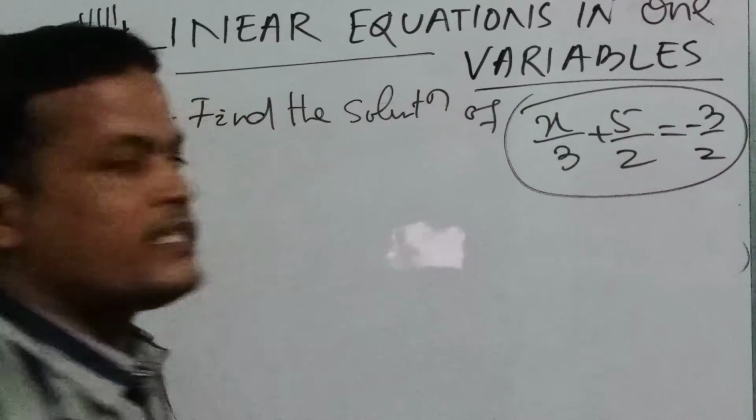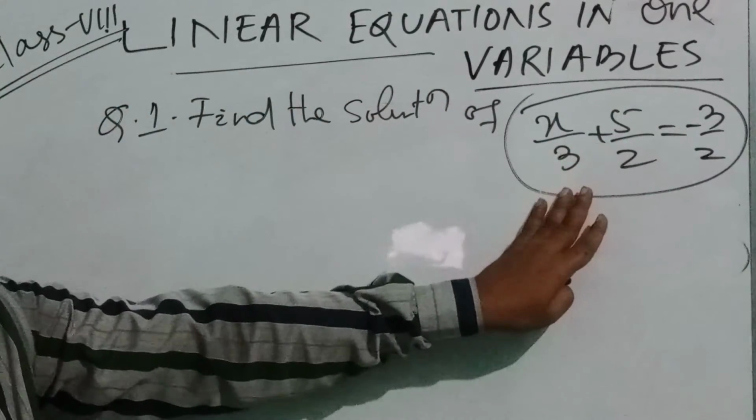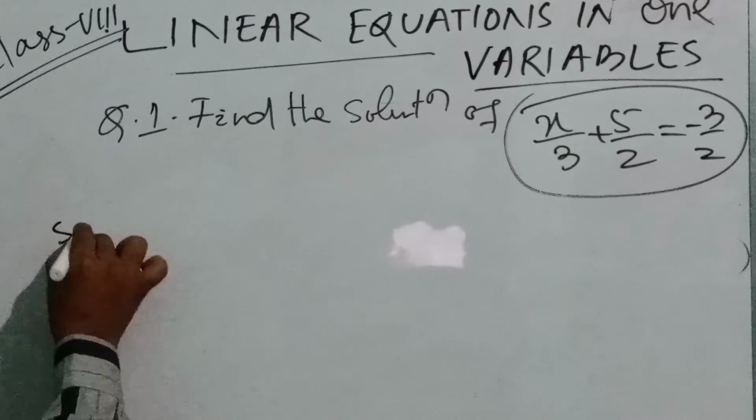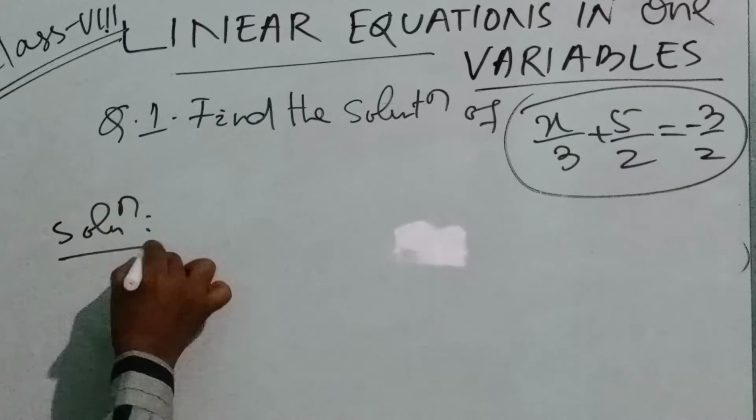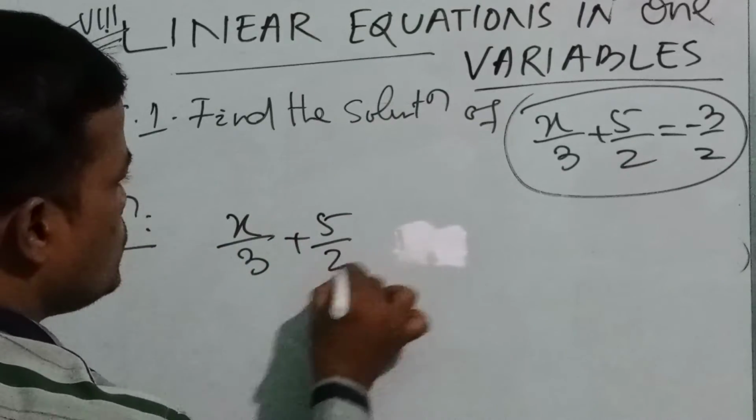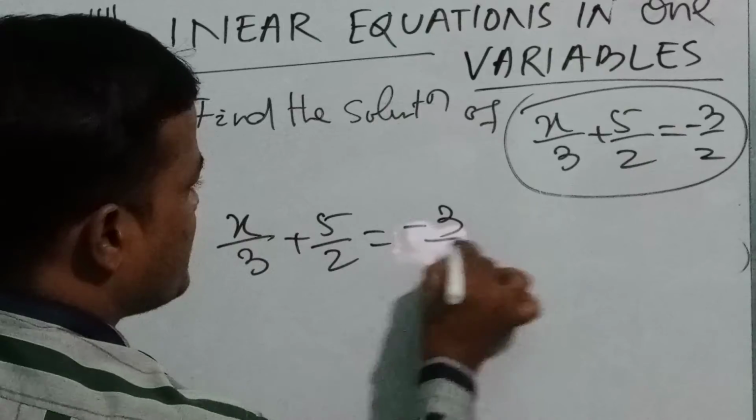This is the equation given to us. So let us solve. Write the equation first: x by 3 plus 5 by 2 is equal to minus 3 by 2.